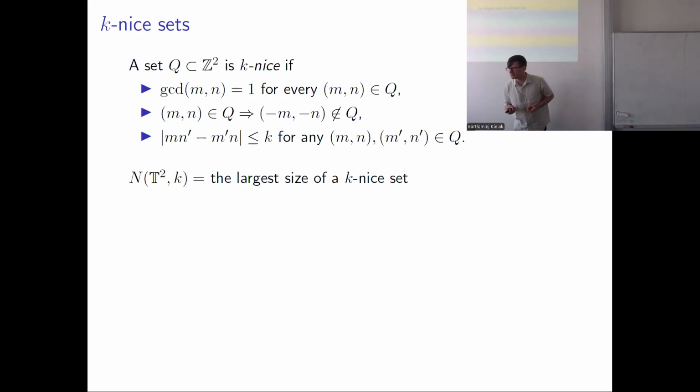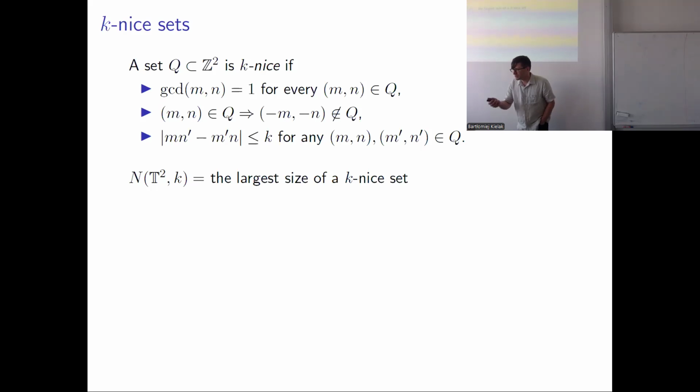And finally, we have a third condition, which you can probably recognize as the intersection criterion. If I take two different points, then they correspond to some curves in my K system, and they shouldn't have too many crossings, too many intersections.